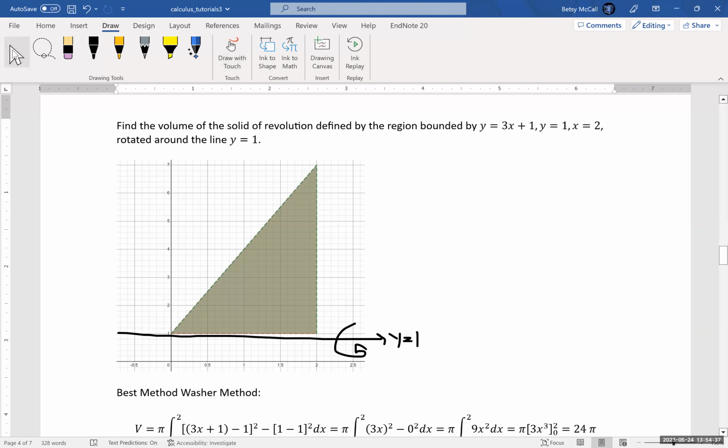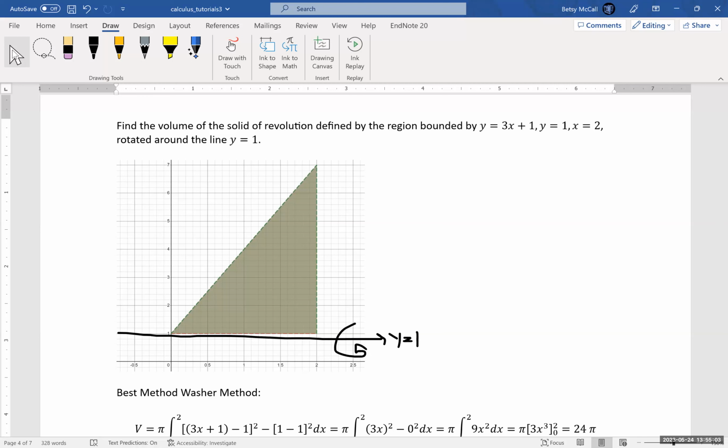So this is a little bit different than the previous ones. We have to think about what the best method is, again, by thinking not about the fact that this is a y equals something, but, as I said in a previous video, you want to think about it in terms of the variable of the function and the axis you're rotating it around.